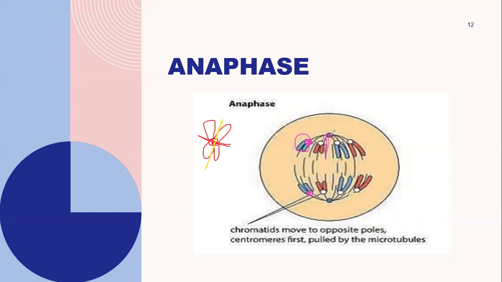The spindle fibers form these tube-like structures, which are the microtubules. The microtubules are going to contract. As these tubules contract, they pull the chromatids apart, okay? So each chromatid is moving to an opposite pole.